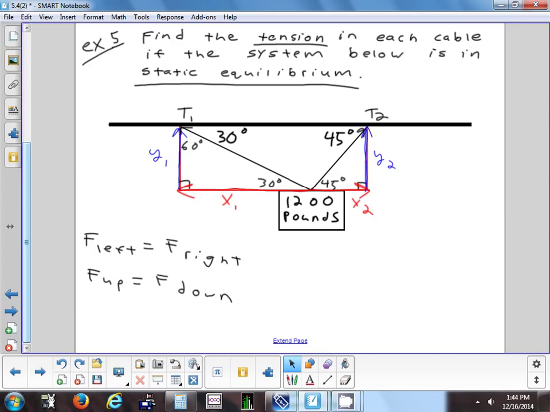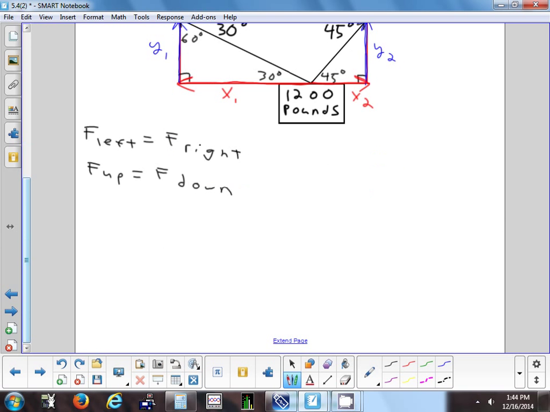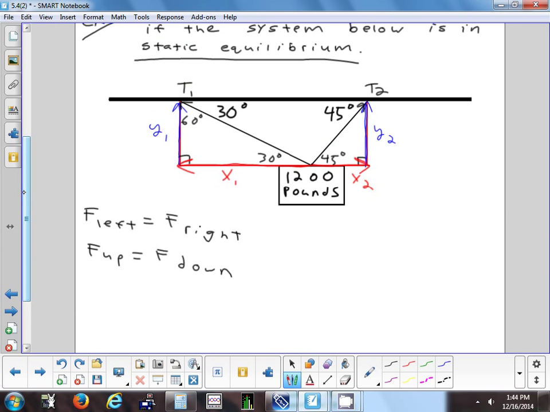These two equations are going to be the key to the whole problem. This is the part you have to understand. Now we're going to start to get into the trig part. Okay, the physics part, that's that. Now let's see if we can get into trig. Okay, what's the force going left in this picture? X1, that's the only force that's going left.